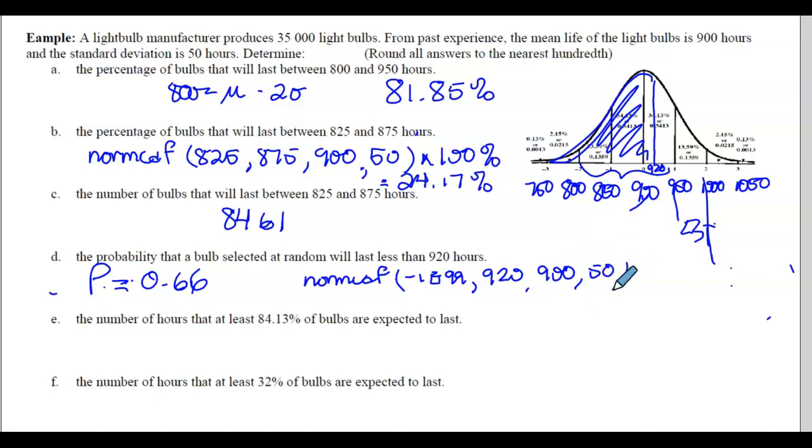The number of hours that at least 84.13% of the bulbs are expected to last. So that would be the first 84.13%. So the number of hours, right? This is the number of hours. So to redo this normal distribution, that's more than 50, so this is 0.8413.